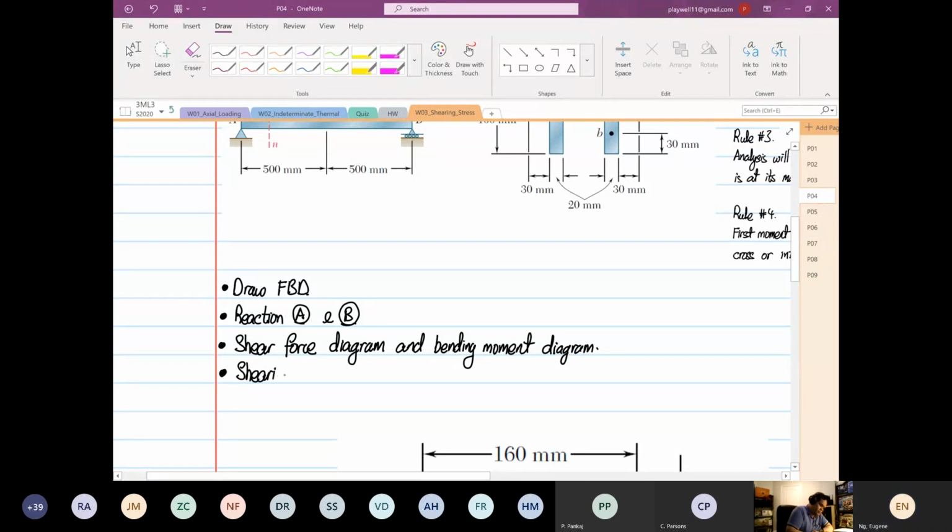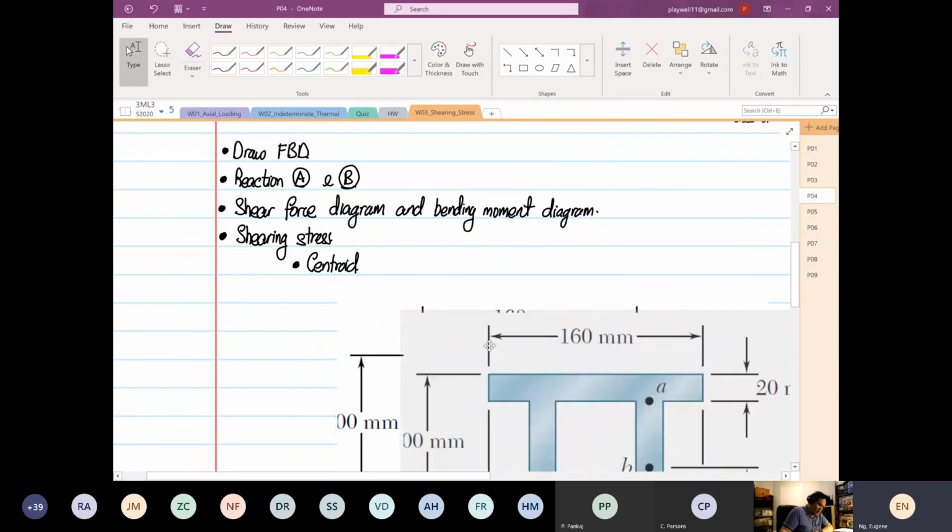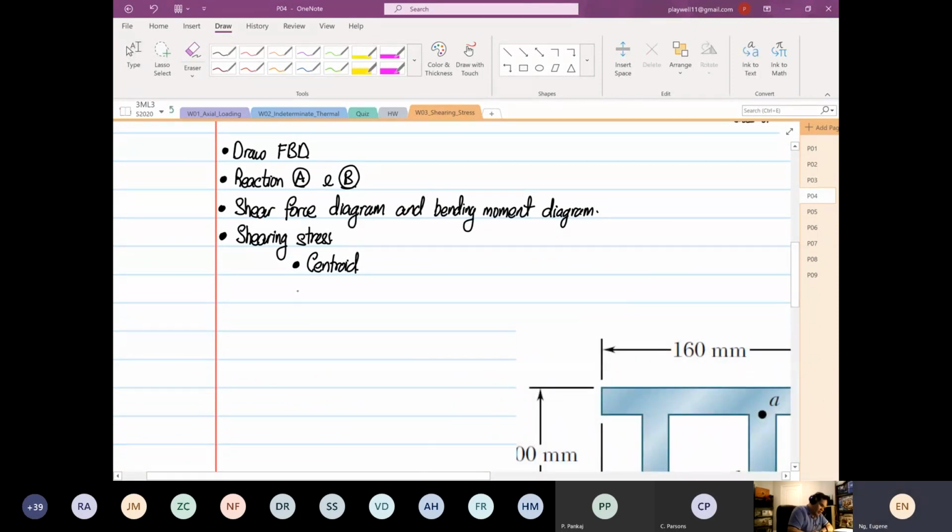To determine the shearing stress, we need to find the centroid. We need to find the second moment of area. Then we need to find the first moment of area. Then I'm going to do something further.